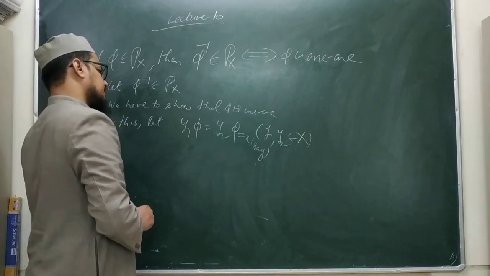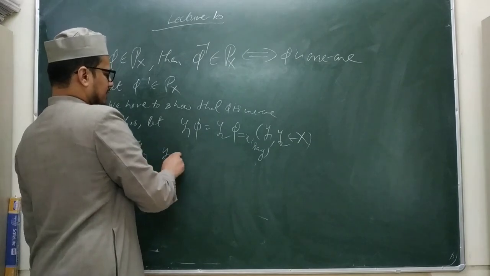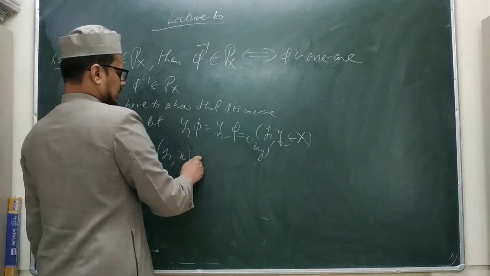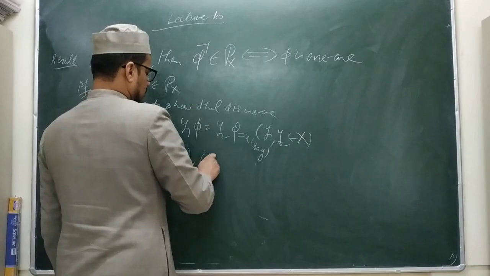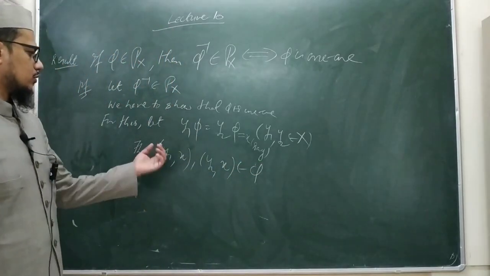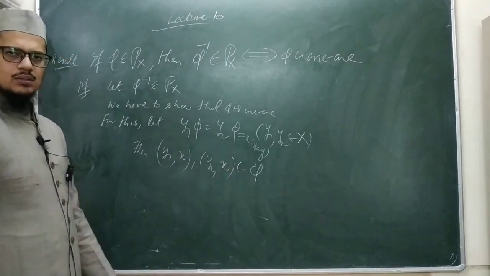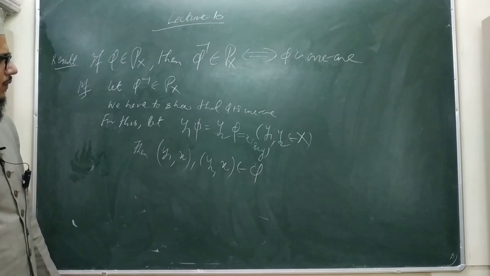Then what happens? Then y1, x and y2, x belong to phi. Correct? Because the image of y1 is x, the image of y2 is x, so both have the same images.